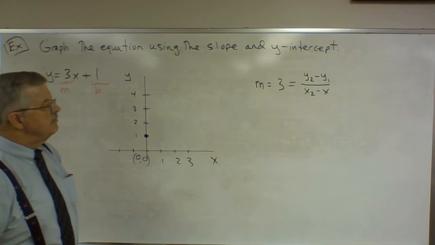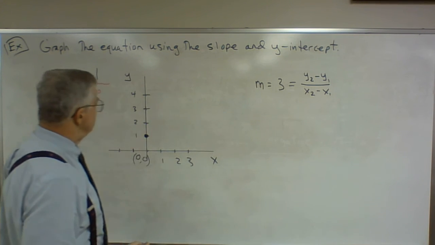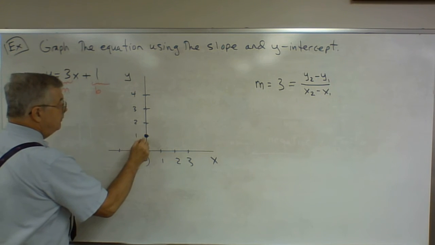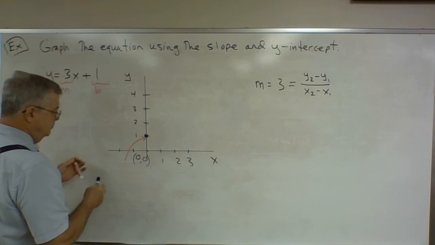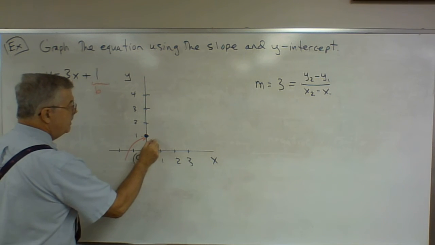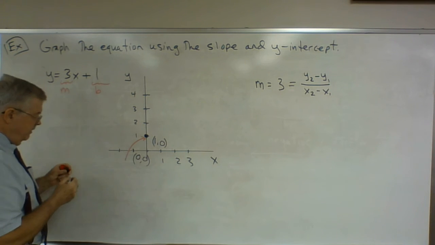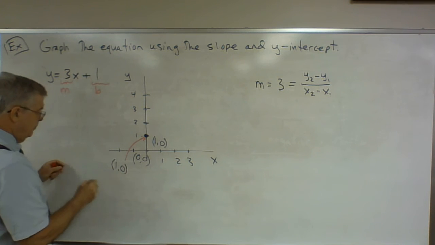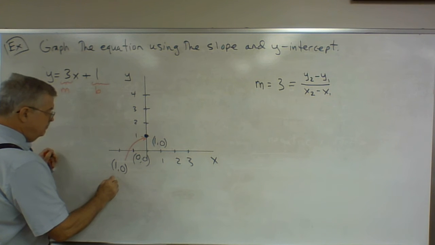We already have one point on the graph. This is the point 0, 1. That's the y-intercept. x is always 0 at the y-intercept.